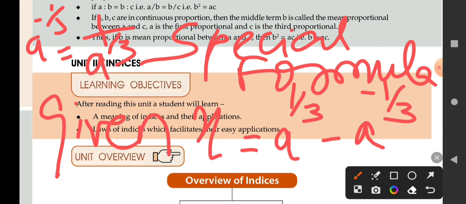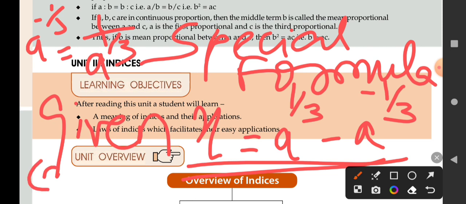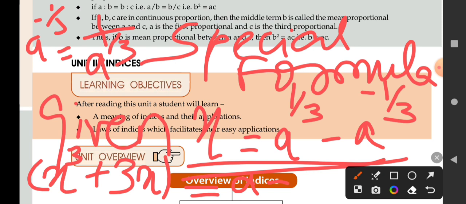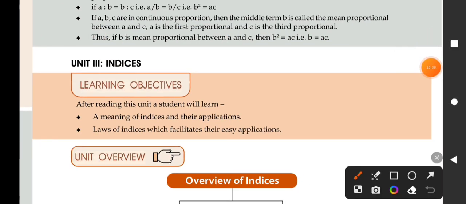So if this equation is already given, and you are asked what is x cube plus 3x. Okay, this equation is often asked. So the answer is a minus 1 divided by a. Okay, let's not get into the proof of the formula. Just write it in your book.